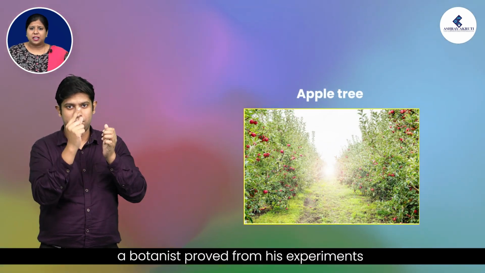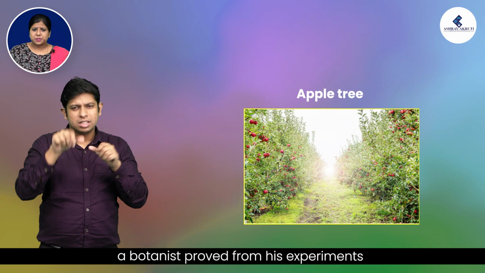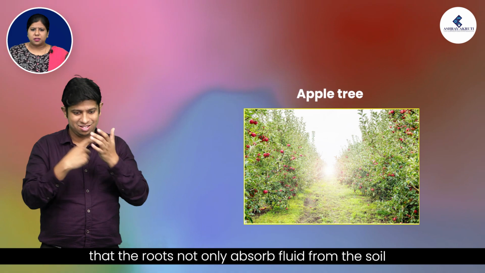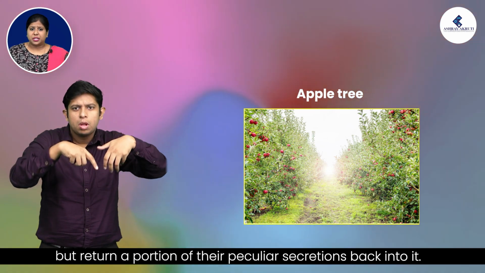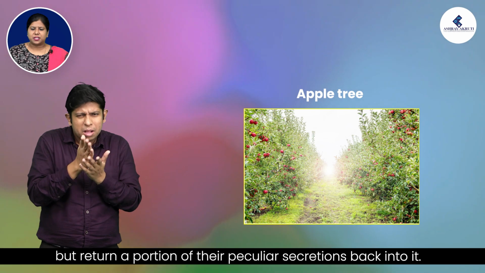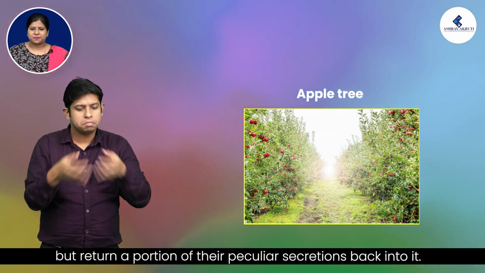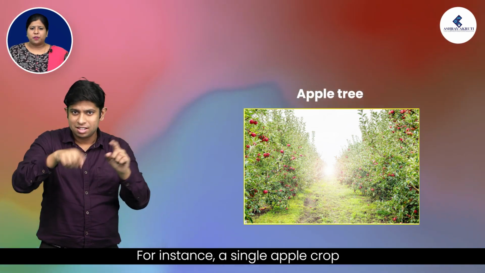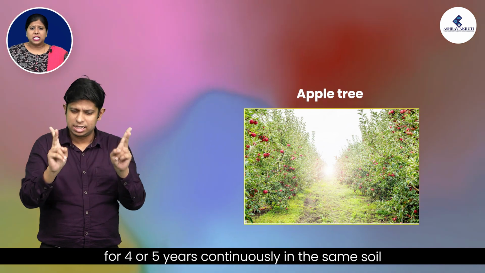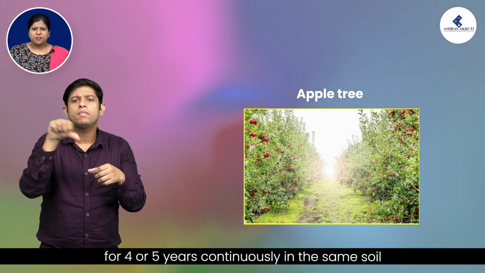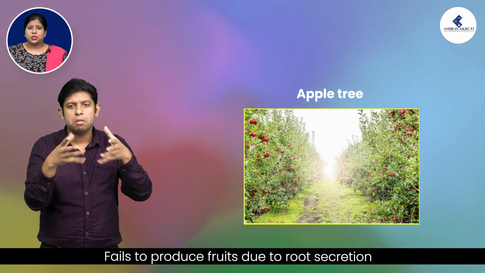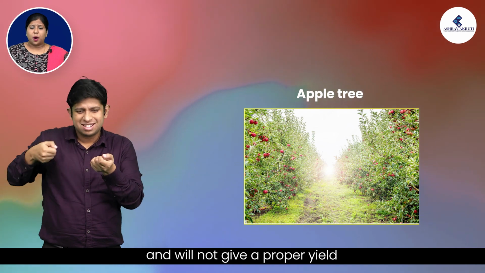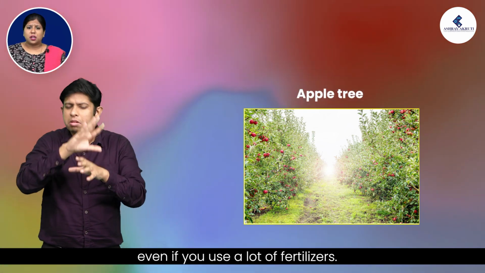Brueggemann, a botanist, proved from his experiments that the roots not only absorb fluid from the soil but return a portion of their peculiar secretion back into it. For instance, a single apple crop for 4 to 5 years continuously in the same soil fails to produce fruits due to root secretion and will not give a proper yield even if you use a lot of fertilizers.